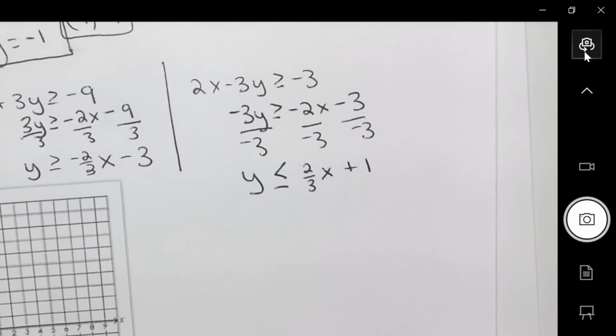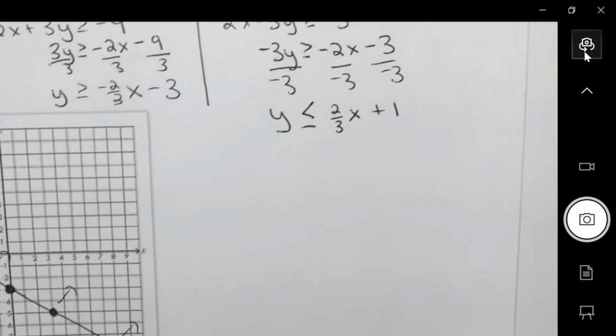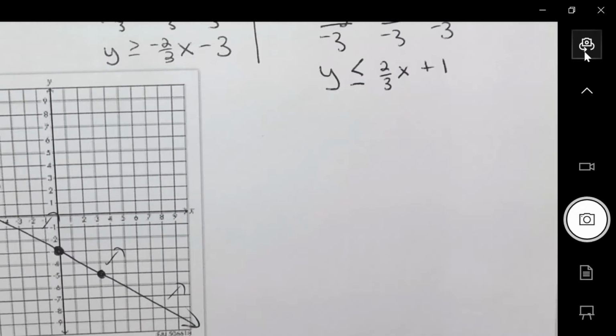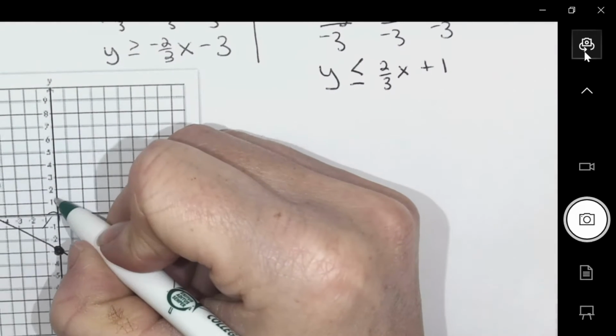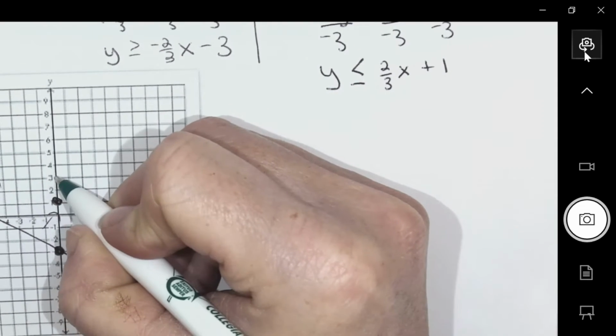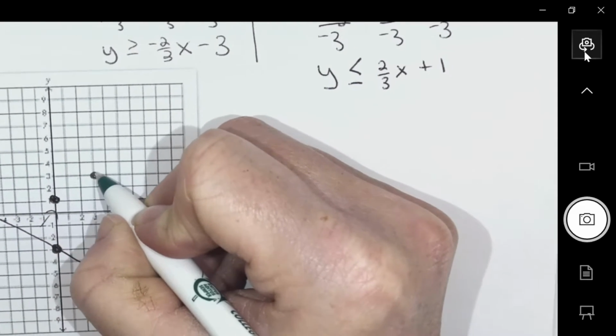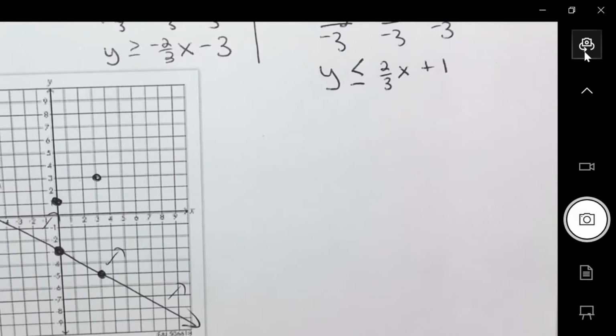Now that's ready for me to graph because I can see the m part and the b part. So 1, then I'm going to do up 2, right 3.